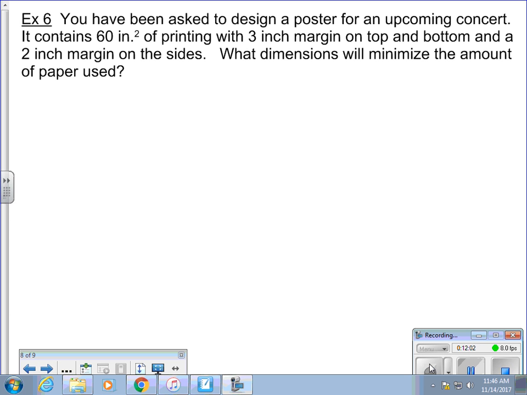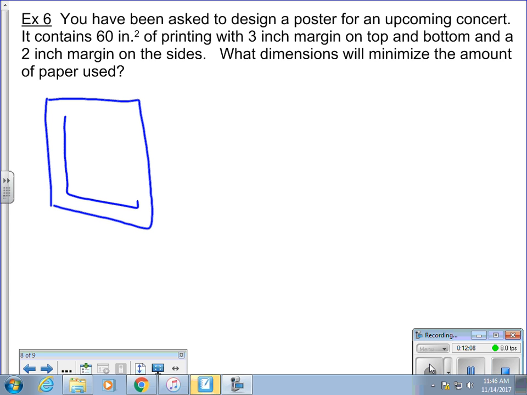Okay. We have a poster that has printed area within and margins along the sides. We don't know how big the printed area is. We don't know how big the whole thing is.